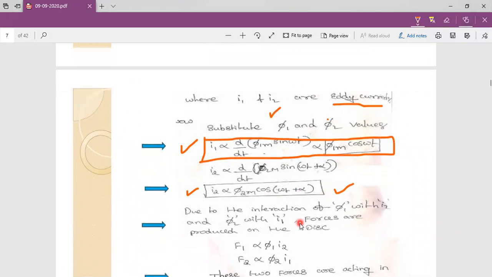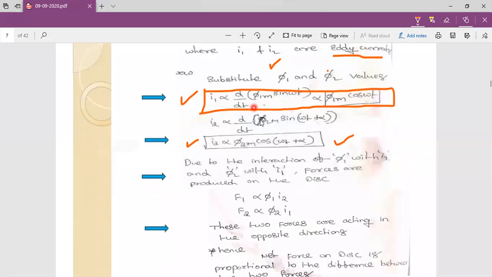Now, using these details, we are going to calculate the force developed in the disk. As I already told you, two forces are produced on the disk.